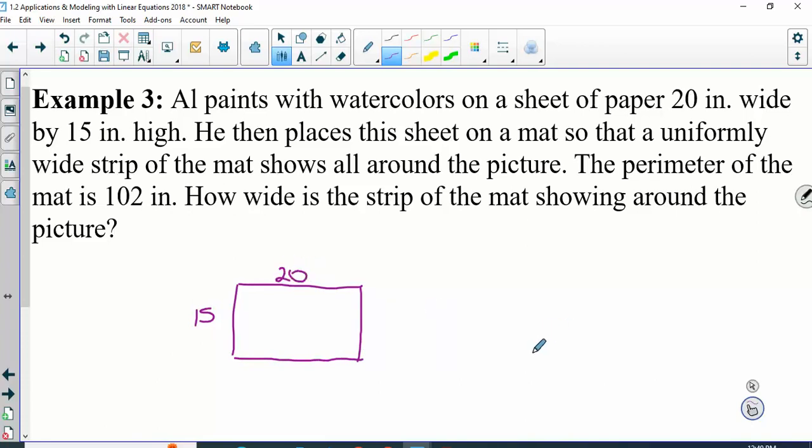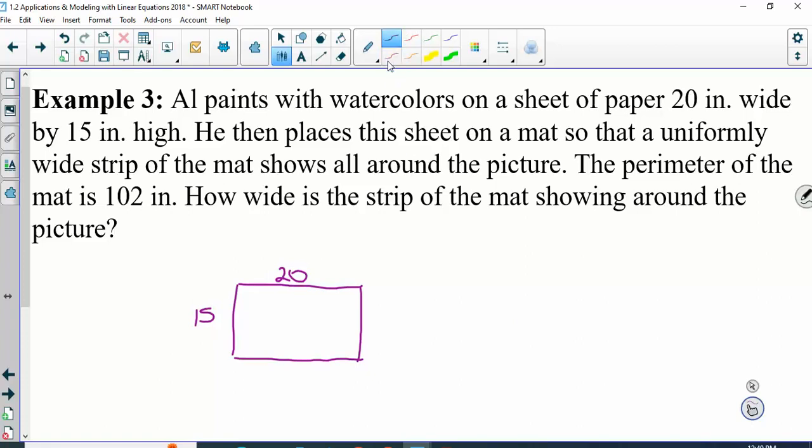He then places that sheet of paper on a mat so a uniformly wide strip shows all around the picture. So you have your paper and you're putting a mat behind it to frame it. Okay. What does it mean when it says a uniformly wide strip shows? It's equal wide all around. Yeah, this distance is the same all the way around.